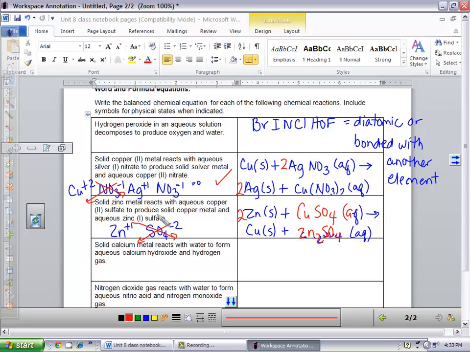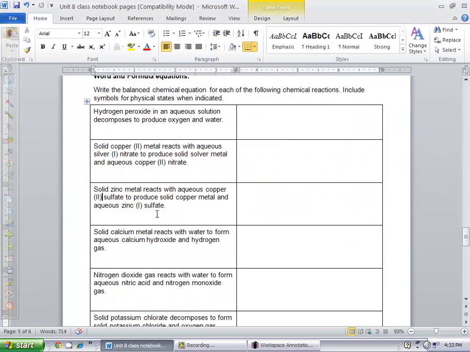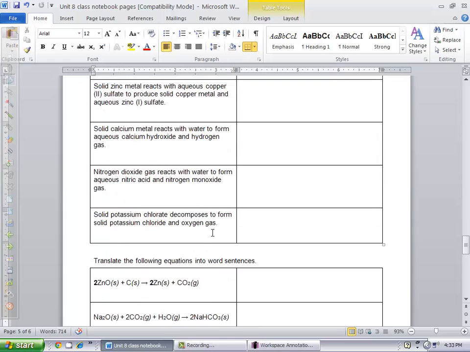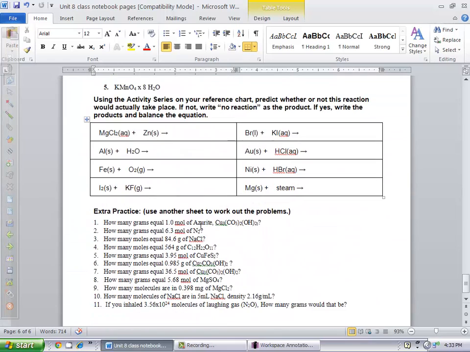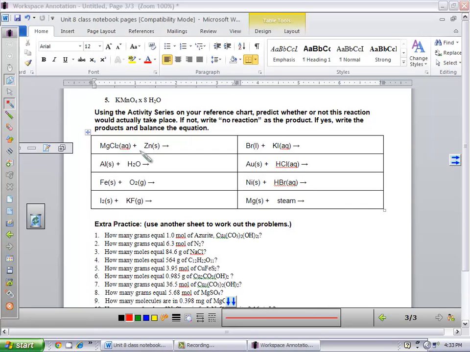Okay. All right, let's move on down and talk about activity series. Okay, activity series has to do with whether or not a reaction will actually occur. So you'll need to have the handy activity series chart next to you when we're doing this to help you out.